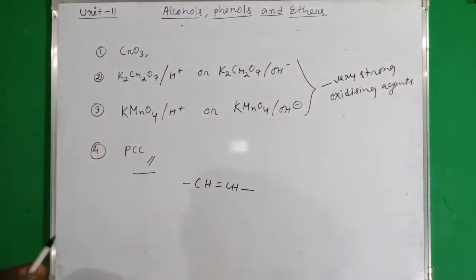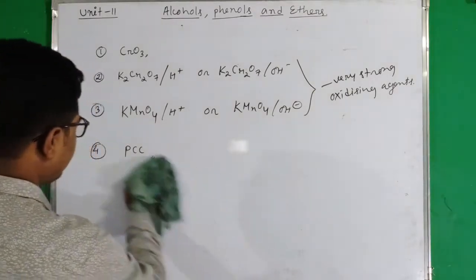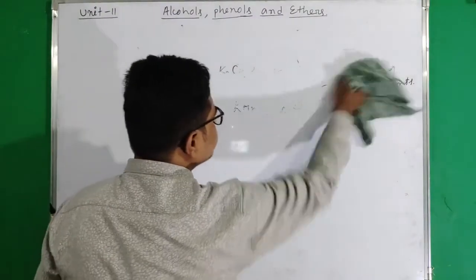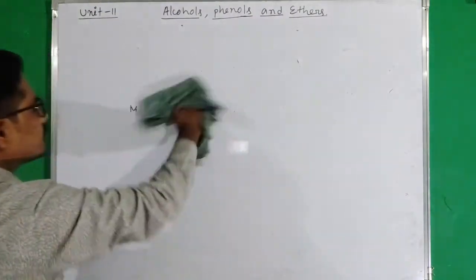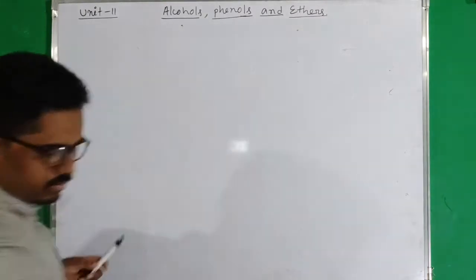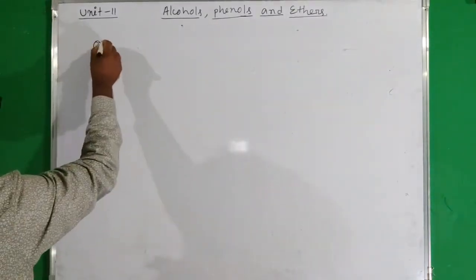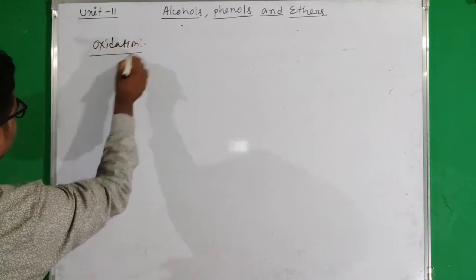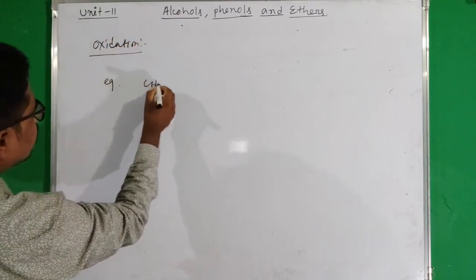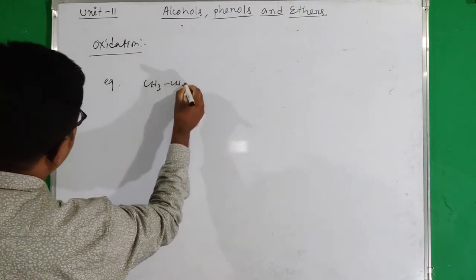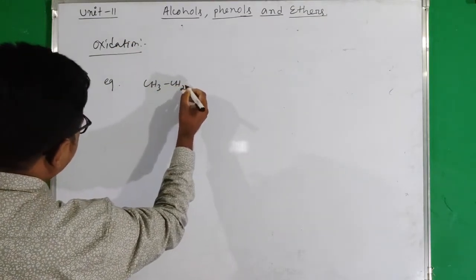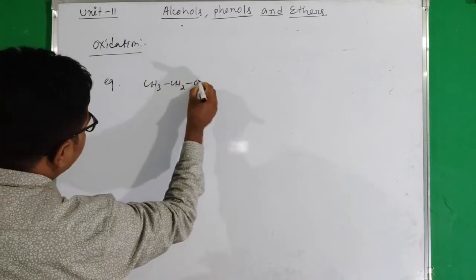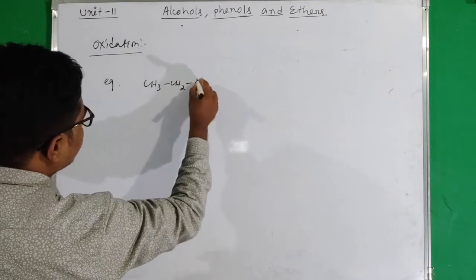So now we will take examples of some oxidizing reactions. So our heading is oxidation. As for example, suppose we have taken CH3CH2OH.